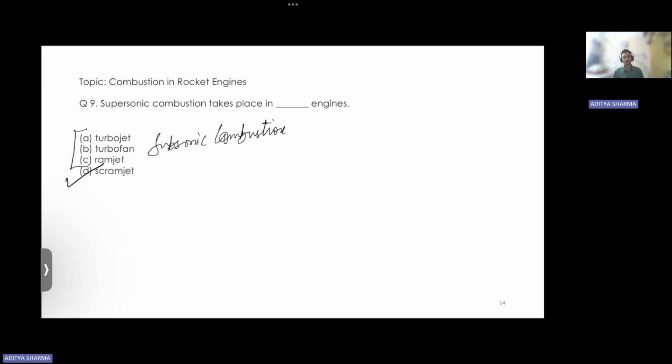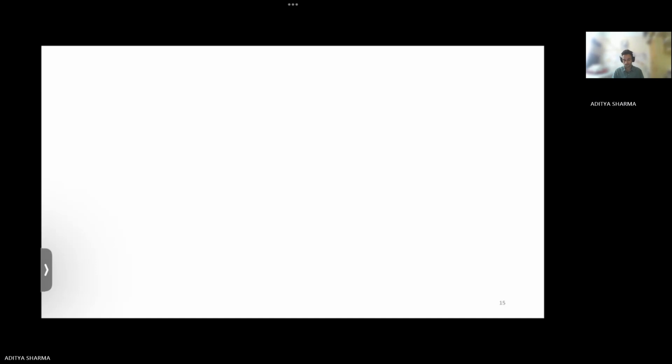In these engines, the combustion that takes place in the combustion chamber is in supersonic conditions. D is the correct answer to this question.